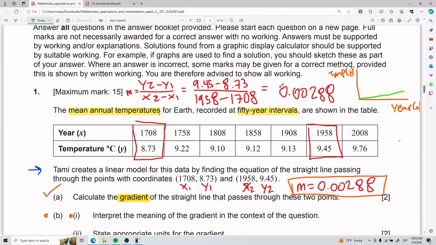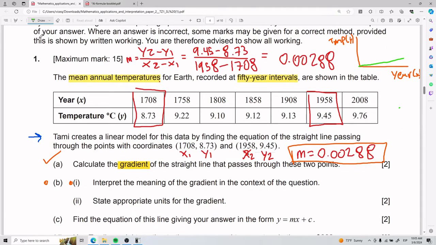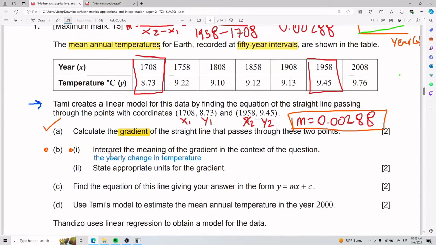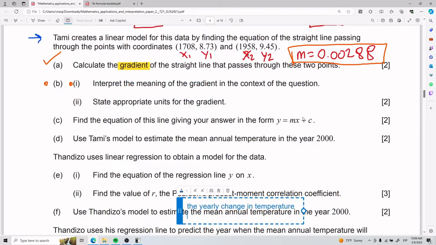Okay, so technically the gradient would be the yearly change in temperature. And notice, you're always going to be expressing whatever x is. So technically, I should have started here.